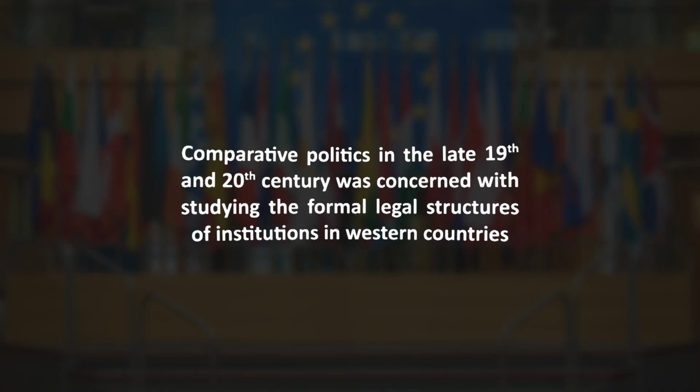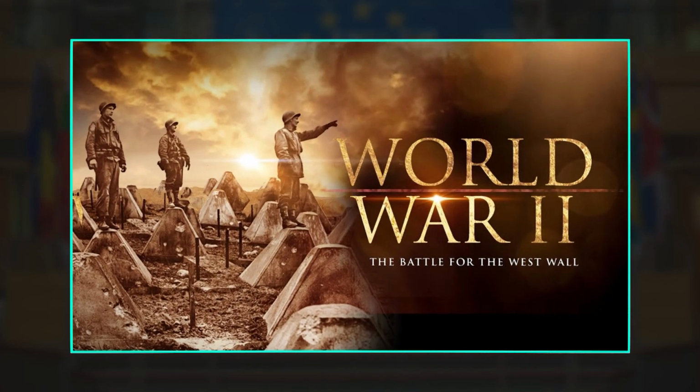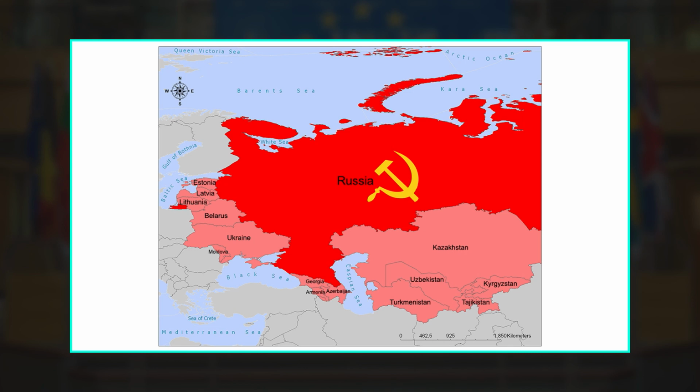While the earliest studies concerned themselves with observing and classifying governments and regimes, comparative politics in the late 19th and early 20th century was concerned with studying the formal legal structures of institutions in the Western countries. And towards the end of the Second World War, a number of new nations emerged on the world scene. So, the dominance of liberalism was challenged by the emergence of communism and the powerful presence of the Soviet Union on the world system.